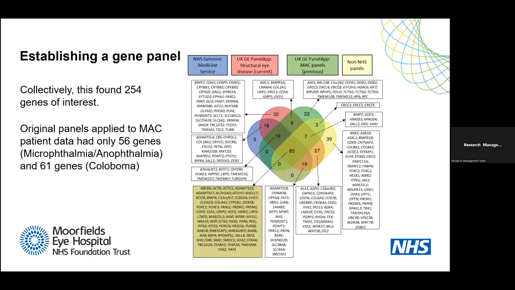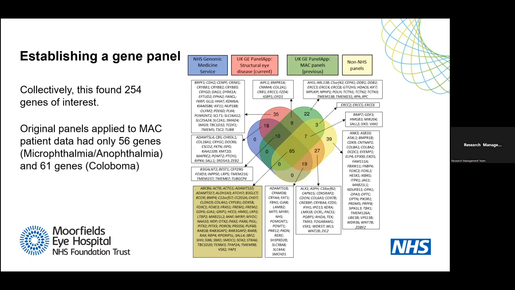Looking at the genes of interest, I looked at various different panels. This is a Venn diagram looking at the current Genomic Medicine Service panel that's applied to NHS patients. There's the PanelApp green and amber genes that are looked at on a research basis.